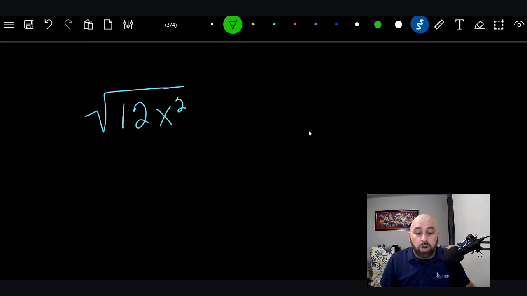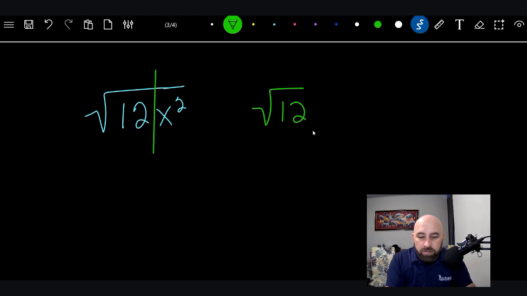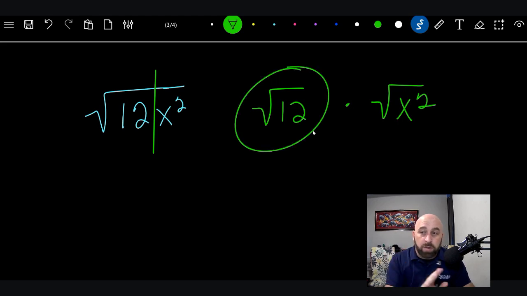All right, 12x squared. Well, this one's going to be easy. Wait a second. What's going on? I have an x squared under there. It's okay. Don't worry about it. Watch this, okay? I showed you this at the beginning. I want you to separate this out, and I want you to say the square root of 12 times the square root of x squared. Take the number. We're going to do the number separately.